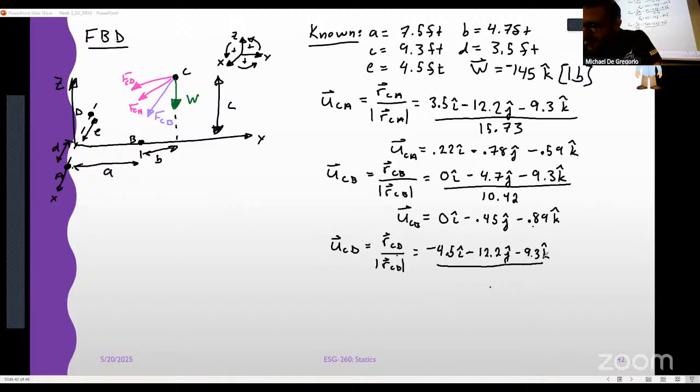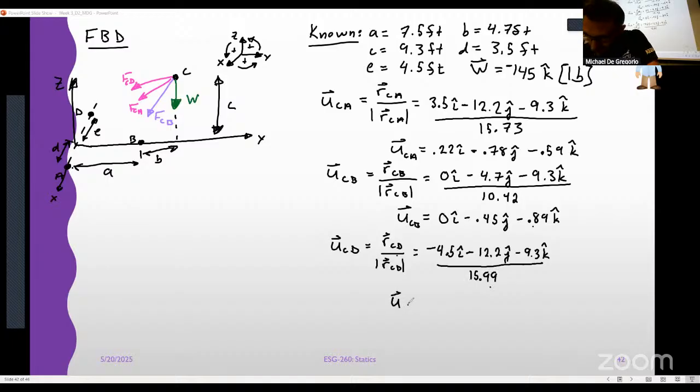Our magnitude is not going to be exactly the same, but we should expect it pretty similar to UCA, right? Because 4.5 and 3.5, how big of a change does that actually make between our magnitudes, right? So 4.5 squared plus 12.2 squared plus 9.3 squared, square root, gives us 15.99.